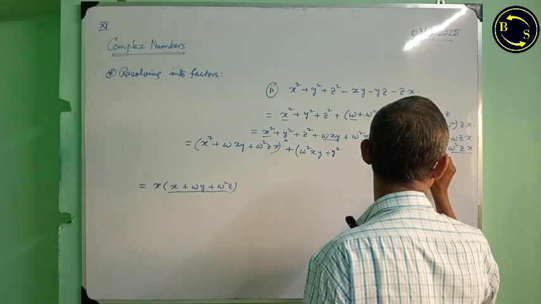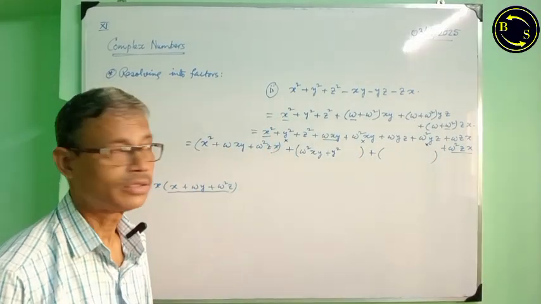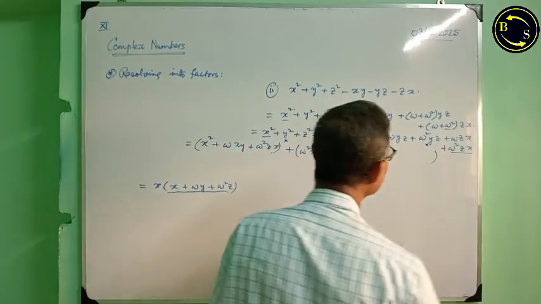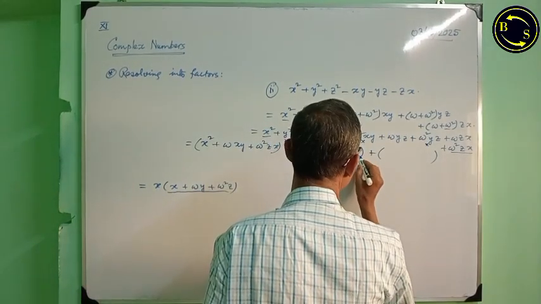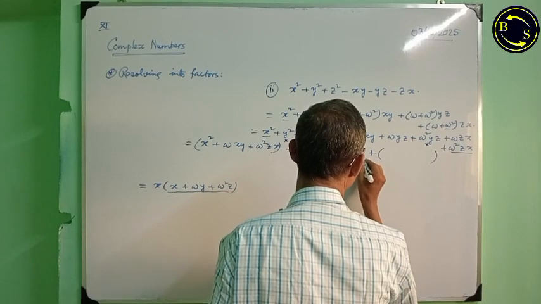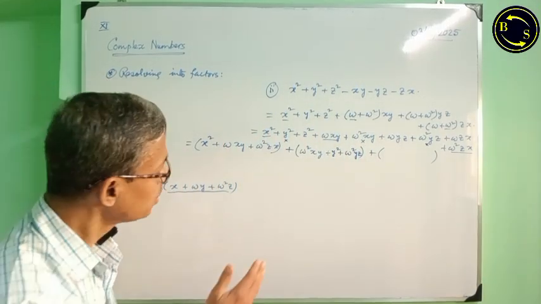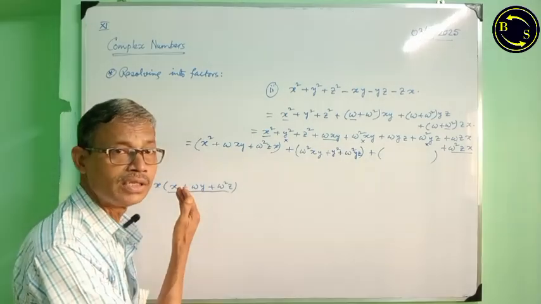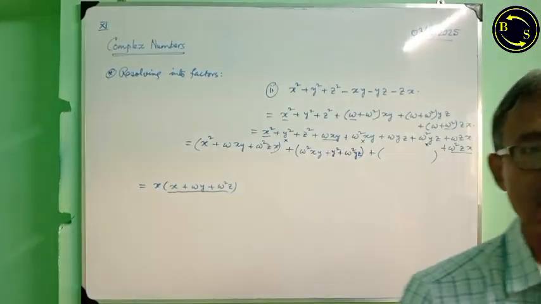This one. Try to understand how we are choosing. That means 6 terms have been taken. Then in the last group there will be remaining 3 terms.